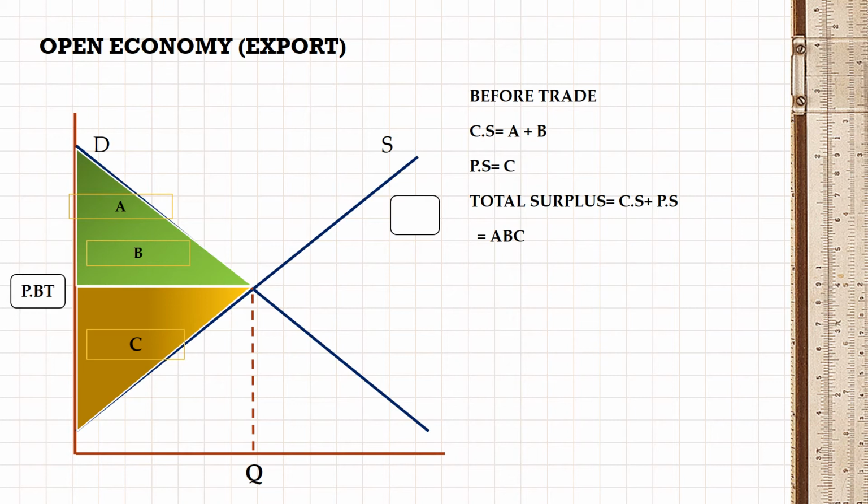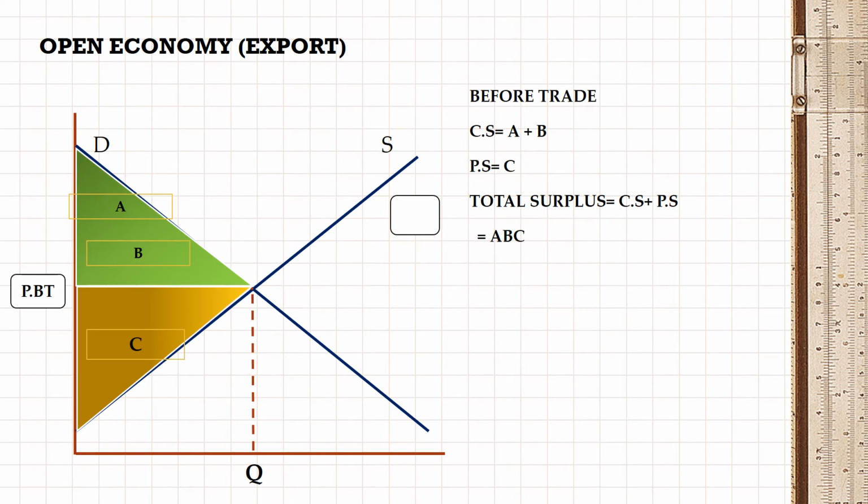And we will see what the consumer surplus and producer surplus are before trade. Consumer surplus is the area above the market price and below the demand curve. So A and B, this is your consumer surplus. Whereas producer surplus is the area below the price and above the supply curve. C is your producer surplus.